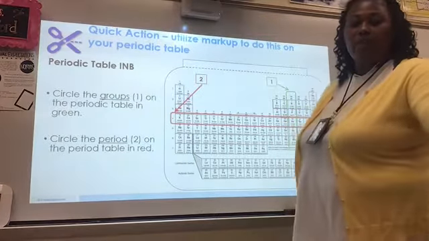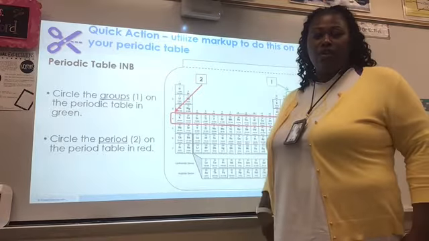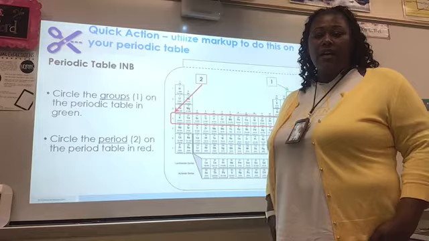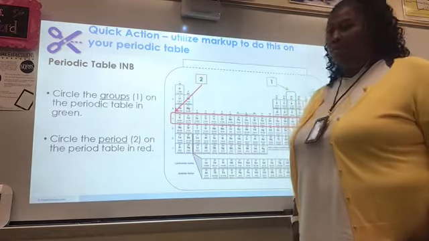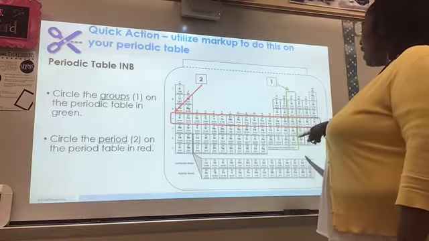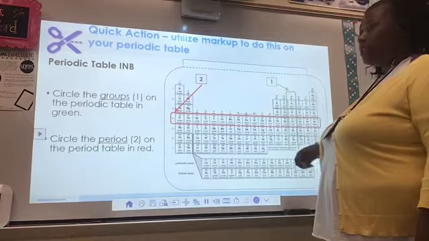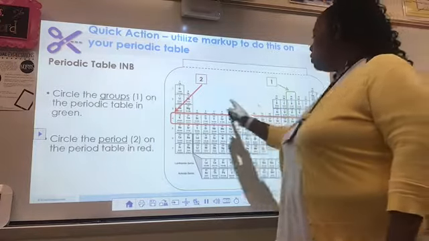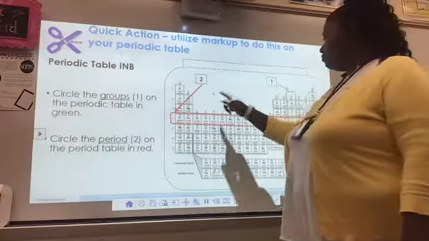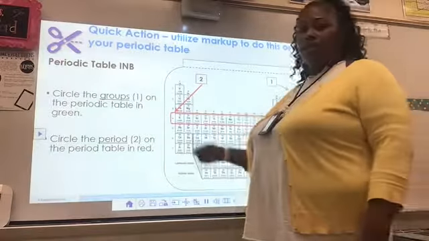So, in your journals, you should have in your Canvas your periodic table provided by me. I told you guys to make sure you screenshot it, so you should have a screenshot of your periodic table. What I want you to do is we are circling our groups, which go up and down vertically, and we're going to label that 1. For our periods that go left and right horizontally, we're going to draw a circle around that and label it 2.